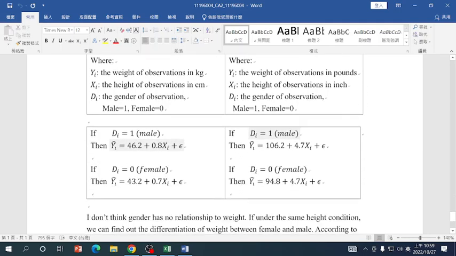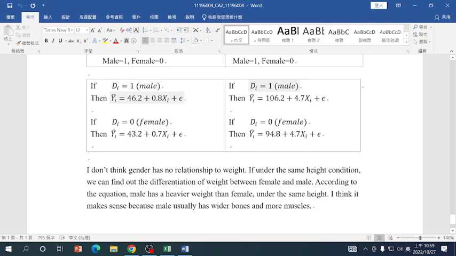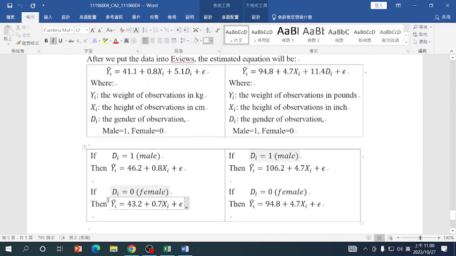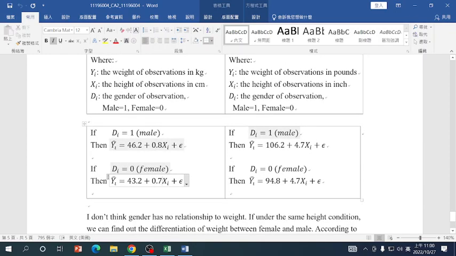Is there any relationship between weight and gender? If the dummy variable equals 1, we get the equation like this. If the dummy variable equals 0, which is female, we get the equation like this. How did you get this one? Oh, I typed it wrong. It should be 0.8.